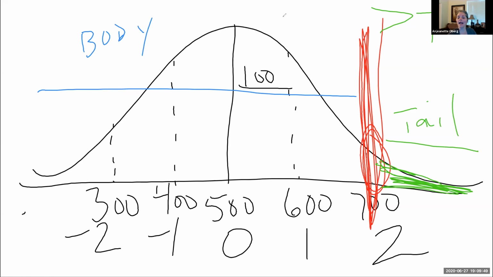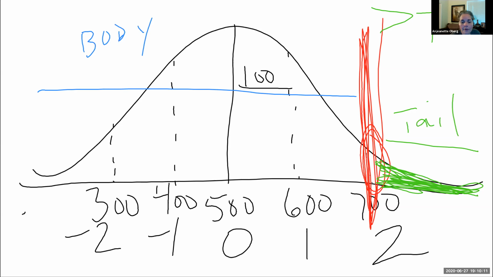So it's basically asking us what percentage is here in the tail. What percentage of scores are in the tail? I can go back to my unit normal table, and I can look up a z-score of 2, because that's the z-score that corresponded.